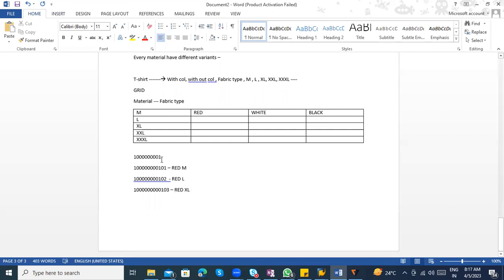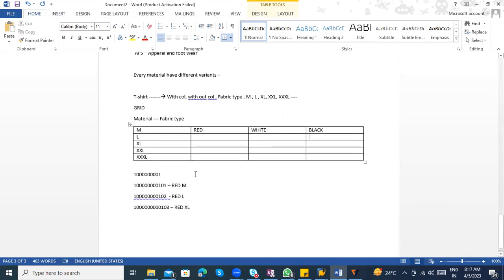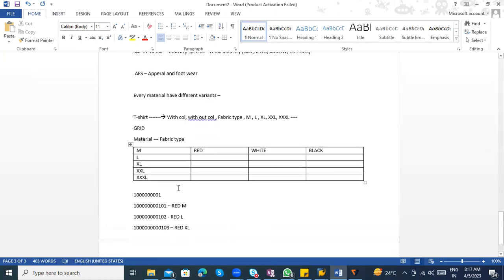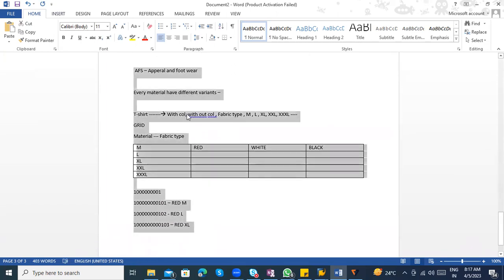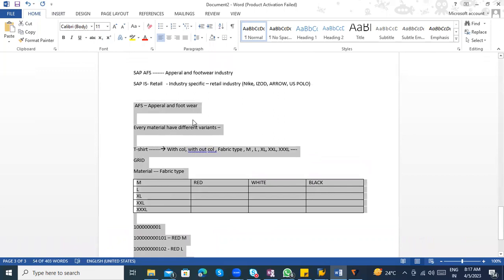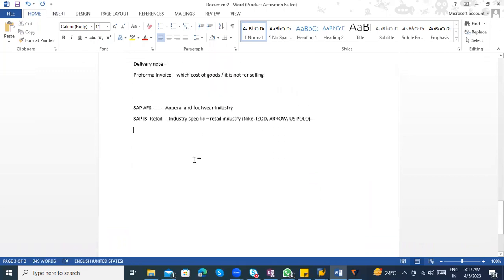We don't need to create all these products manually. They will be created automatically in the backend when I create a main product and fill in the generic article, that means when I fill in my variant information, the grid information. So the generic articles and variant articles will be different here. This is specifically possible in AFS and IS retail, but in SAP standard it is a different process.